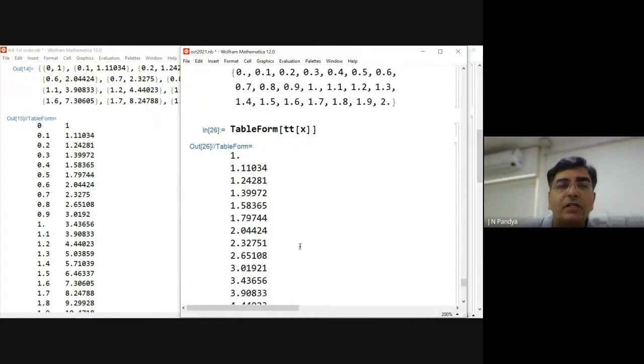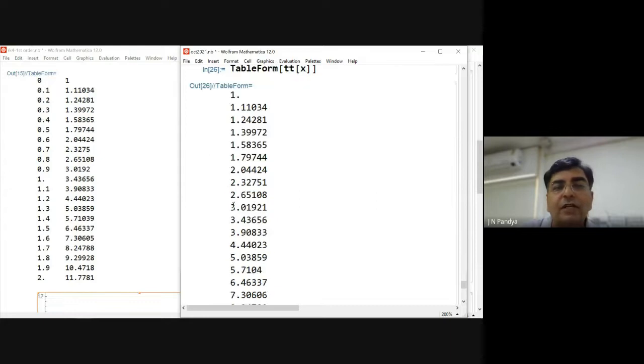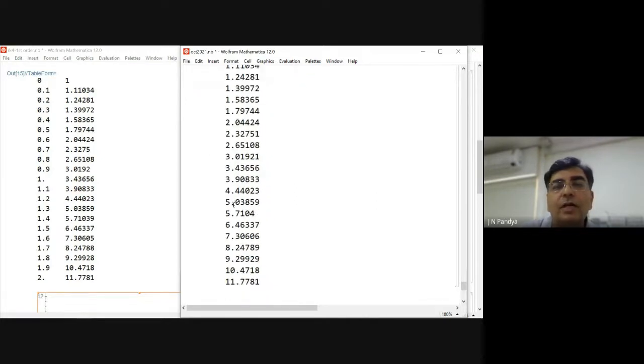You don't know what the function is, but you can compare that exactly the same numbers are there. This output is coming from the explicit code that we have written for RK4, and this output is coming from the inbuilt Mathematica function. You can check, they are exactly the same. In fact, this will be a check that whatever you understand in RK4 is working all right.